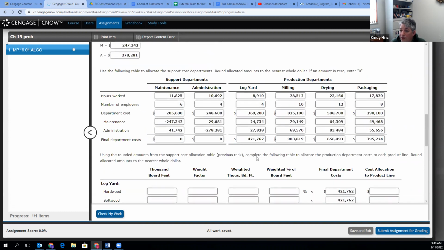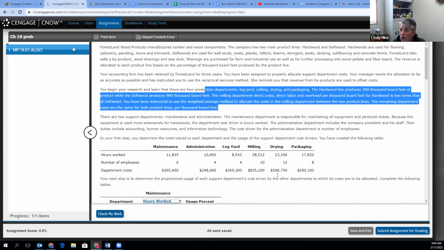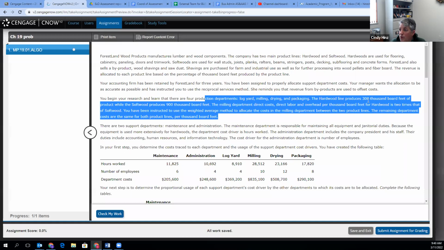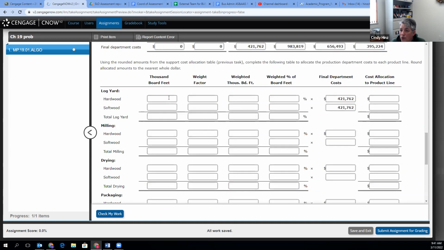So let me see if I can say this more clearly. The log yard produces both hardwood and softwood. And we need to take the cost of the log yard and assign it to the hardwood and softwood. So we're looking up here where it tells us hardwood produces 300,000 board feet and softwood produces 900,000. So we'll put those in here, 300 and 900. And we could actually go down the list and put those in, 300 and 900.